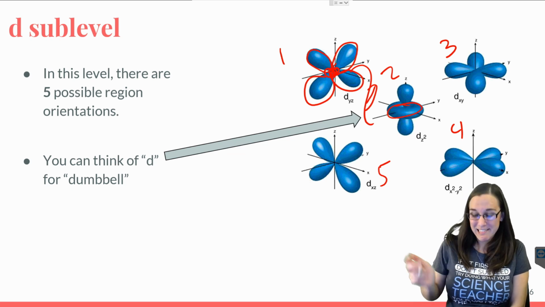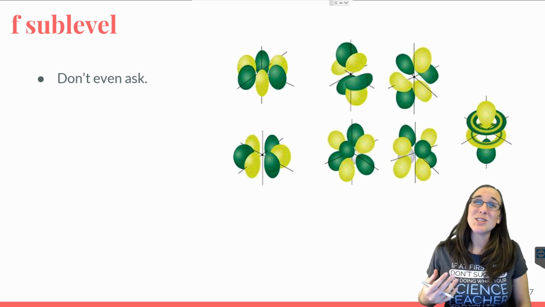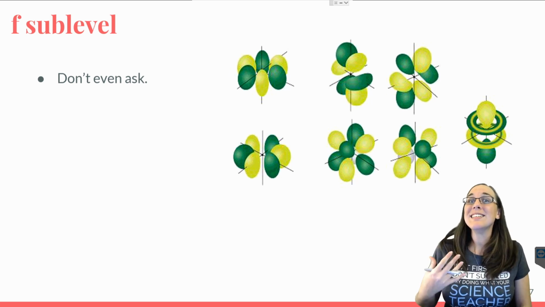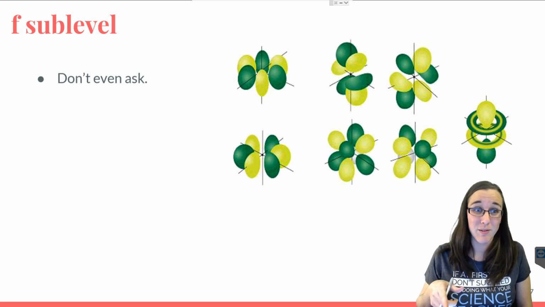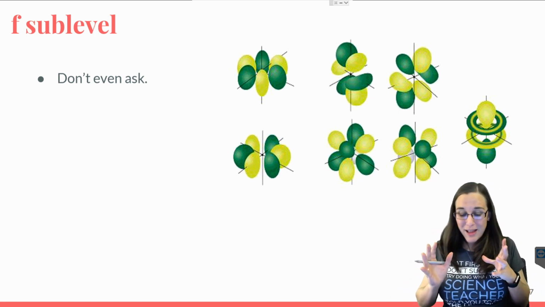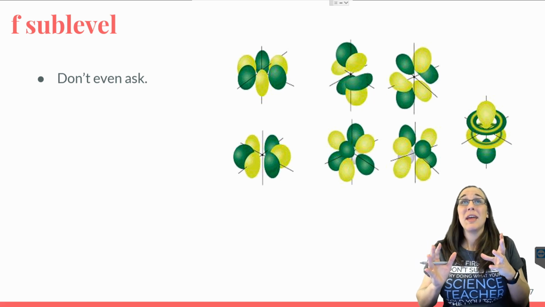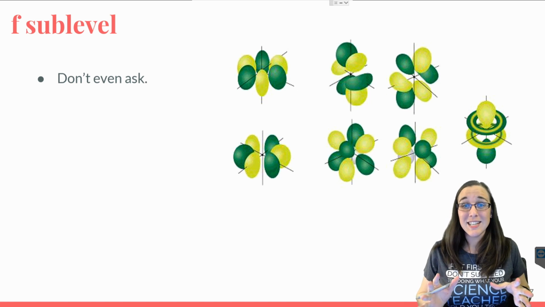The last sublevel is F. Those are your inner transition metals. I endearingly refer to this level as the F that sublevel. Don't even ask. The level of complexity for the F sublevel, I sincerely hope that you would never have to draw this. It's just insane.